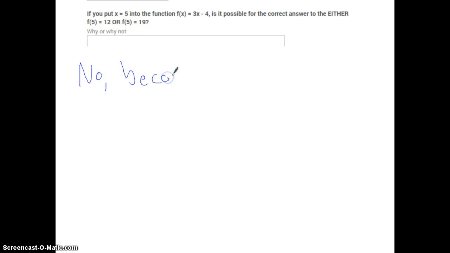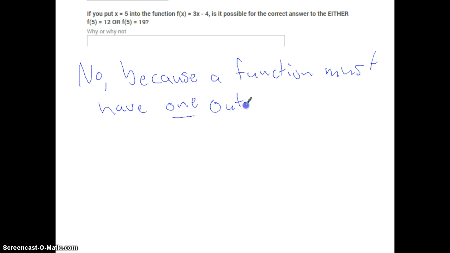because a function must have one output for each input.